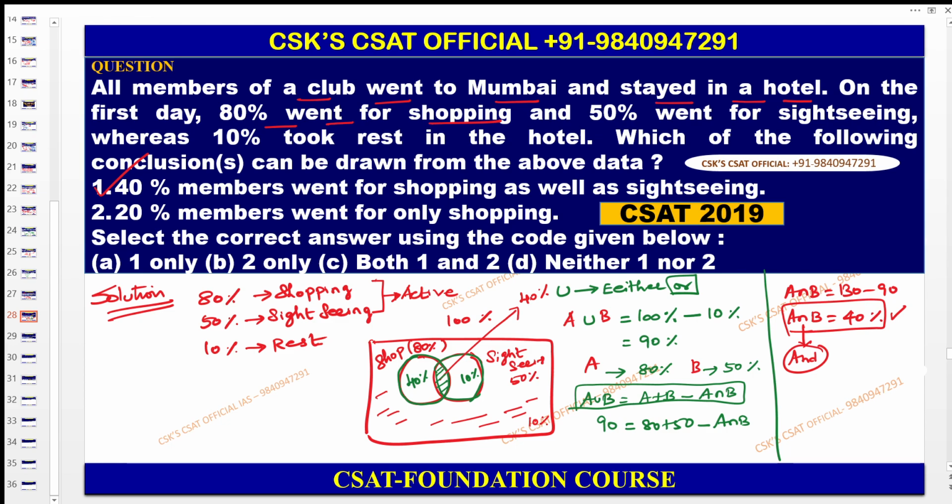Only shopping is 40%. See this area. Only shopping is 40, but here it is provided as 20%. That is wrong. We can conclude that A is the correct answer.